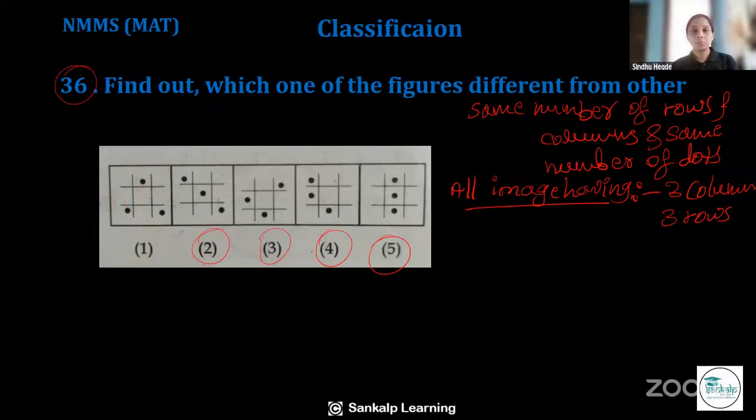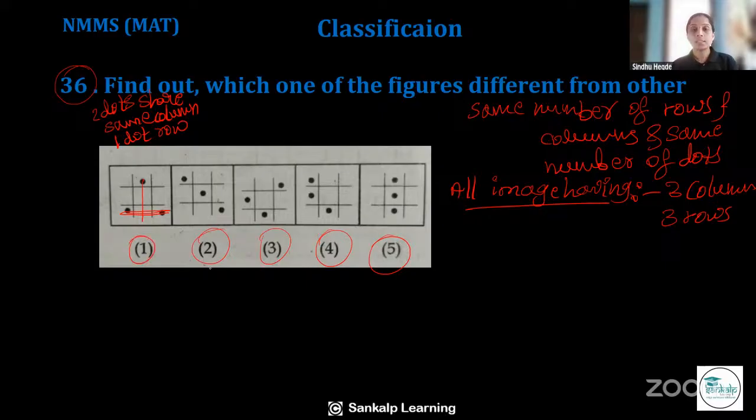Let me see whether all the dots in the images have the same pattern or not. Image first: here 1 dot is placed in a row and 2 dots share the same column. This is our figure first.